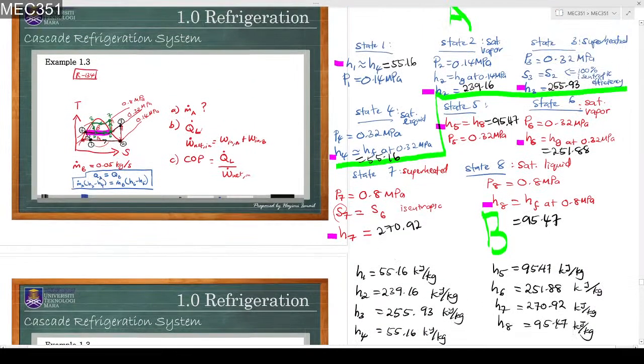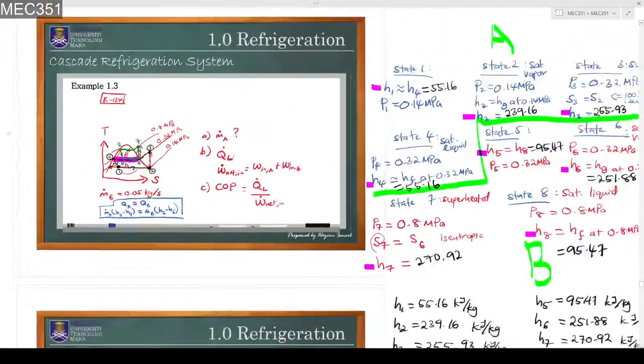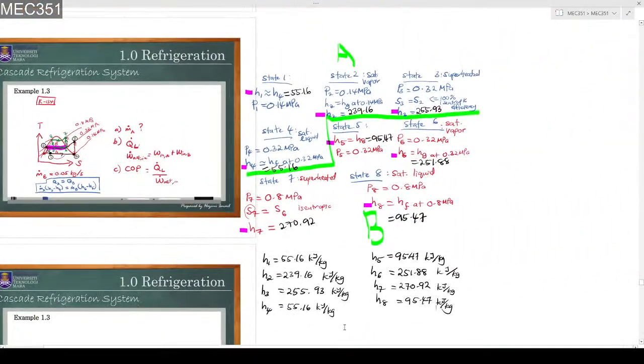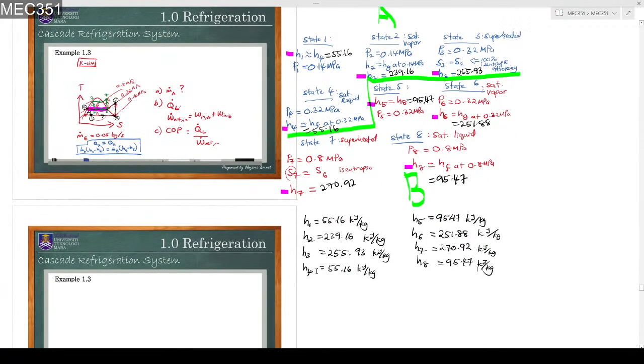Dia mengikut kepada cara awak letak simbol dekat dalam TS diagram ni. Contoh kalau awak letak 1 dekat sini, dia akan jadi berbeza lah. Tapi nilai tu masih lagi sama sepatutnya. Okay, jadi sekarang ni kita dah ada nilai entalfi. So we can proceed with our problem here.